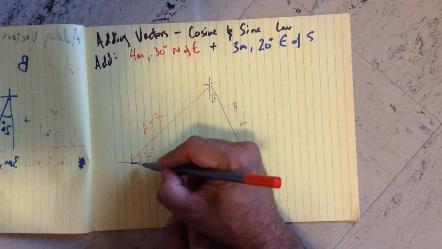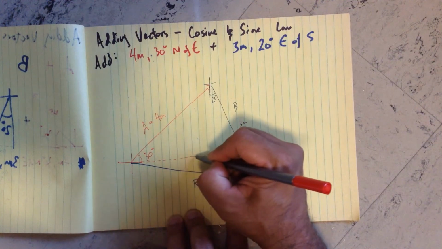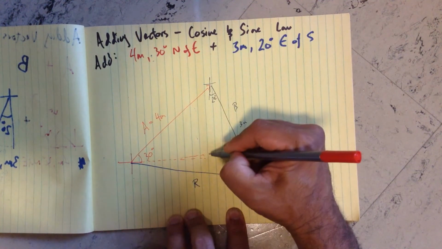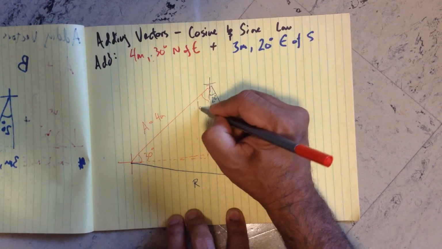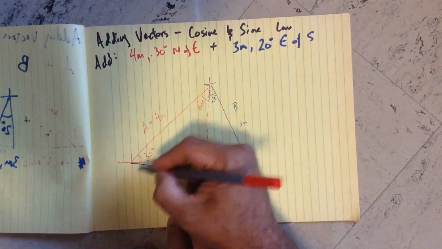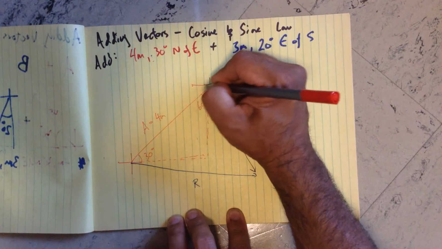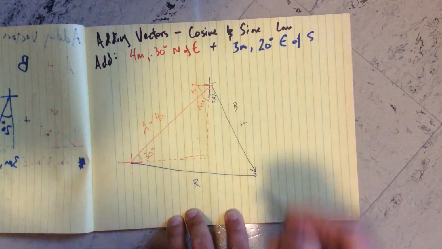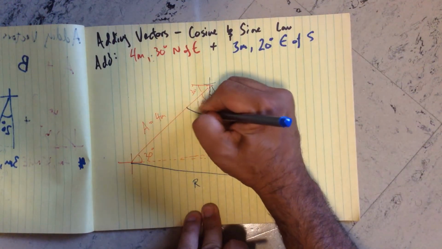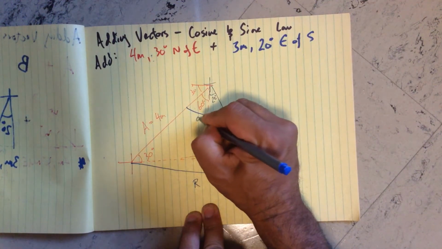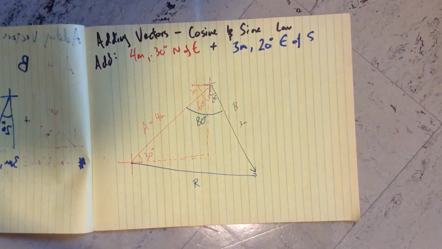So if we make a right angle triangle based off of vector A, we come up with the fact that this angle up here should be 60 degrees to make the right angle triangle, or if you use Z law, you get 30 up there, giving you 60 inside. That tells us that we have 80 degrees as our angle opposite to the resultant, and that's what we need for our cosine law calculation.